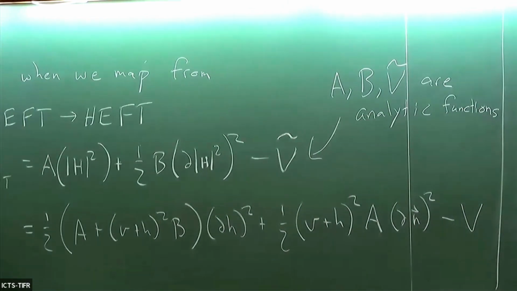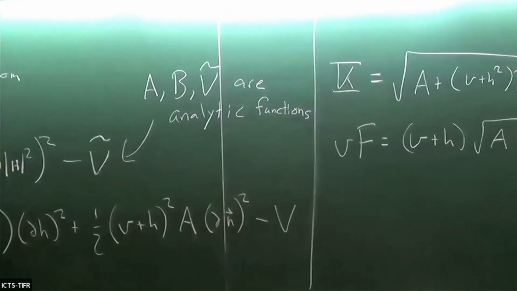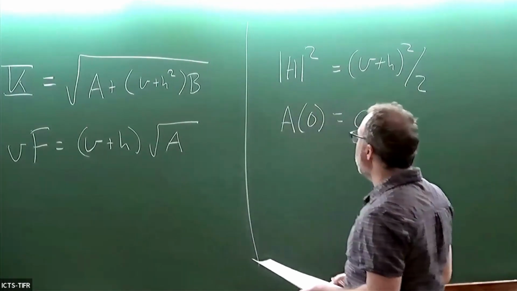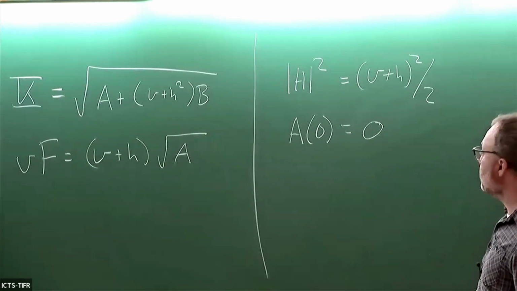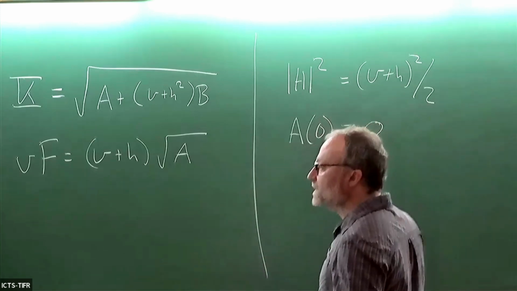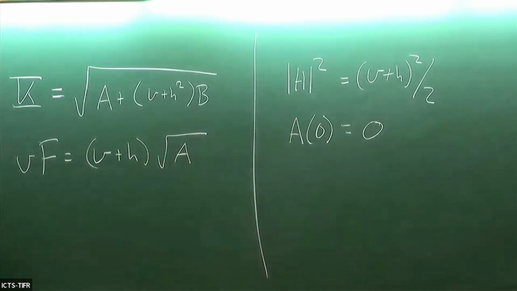And we have, I guess I should have written that over here, other conditions for A, B, and V. So if we know h squared is just v plus h squared over 2, we also know that A of 0 is 0, and... sorry, this is wrong.